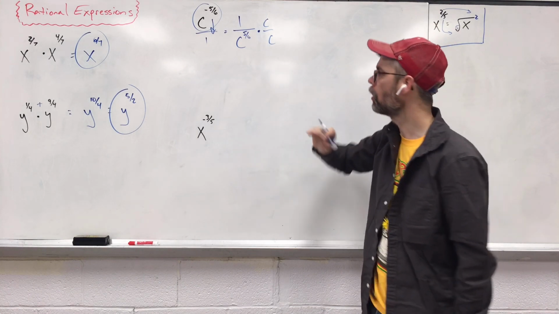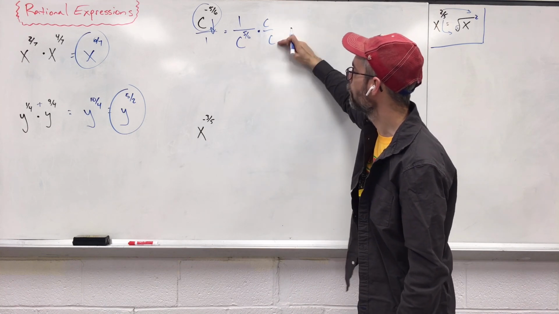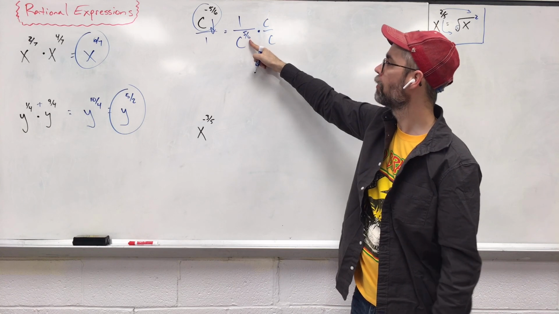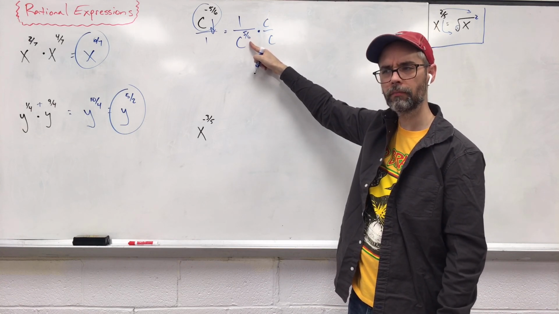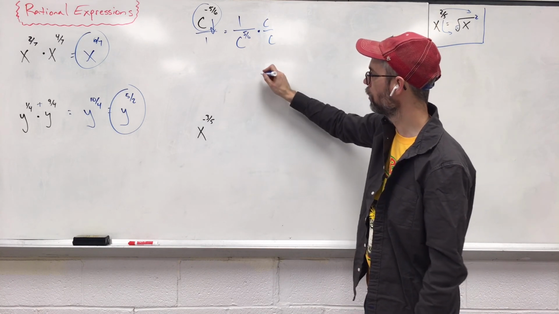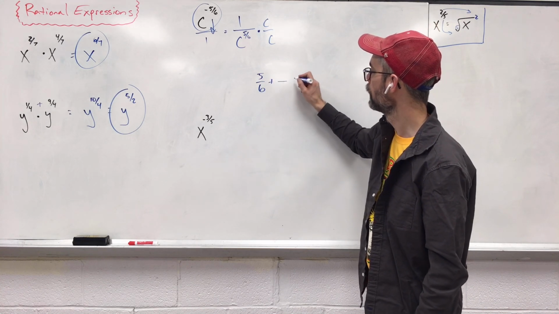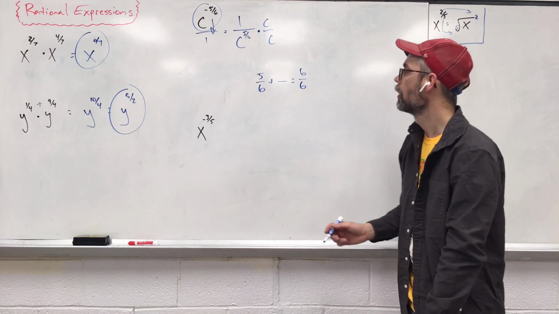We want to change the way it looks. So as long as I have something over itself. Now, my goal is to get this 5 over 6 to turn to a whole number. Okay, 5 over 6 is close, so let's say 5 over 6 plus what equals a whole number? We'll say 6 over 6 because isn't that 1?